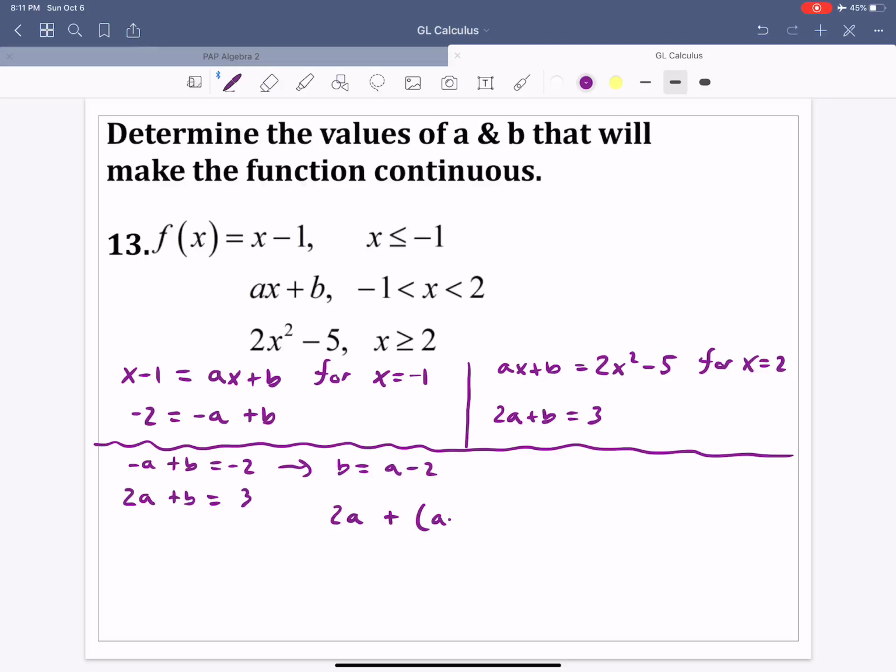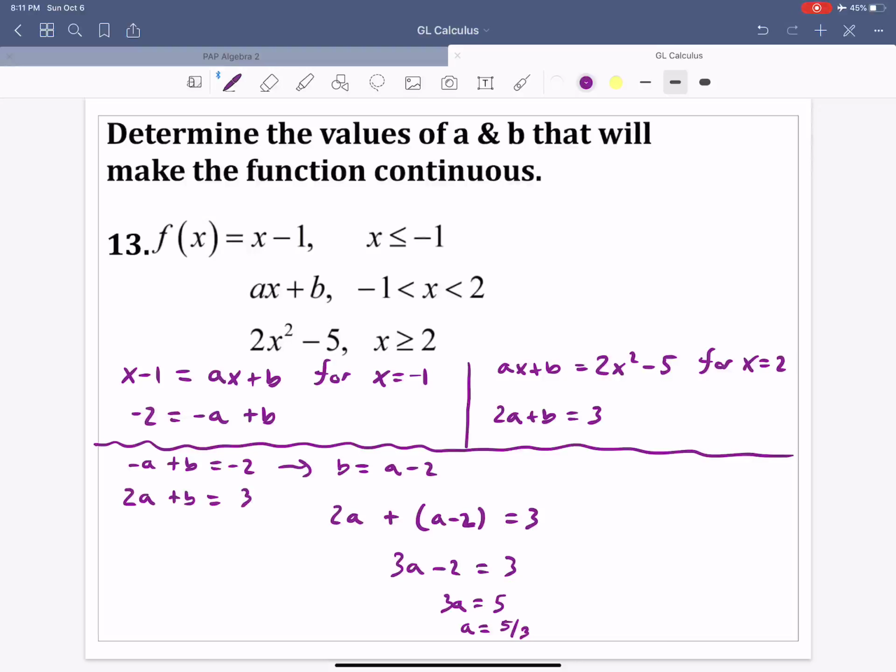So anywhere I see a b, I would replace that with a minus 2. If I clean this up, I get 3a minus 2 equals 3. Add 2 to both sides, we get 3a equals 5. Divide both sides by 3, we get a equals 5/3.